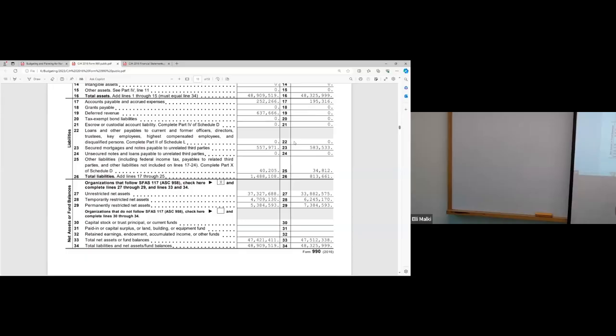Usually when you take a loan, if you remember, we talked a little bit about loans, I think in the previous semester, you have principal payments and interest. Interest will appear as an expense, but the principal payment, the outstanding debt, will appear here. Let's say we have a loan of $500,000 for the next 5 years.